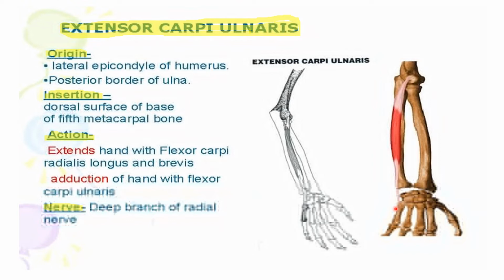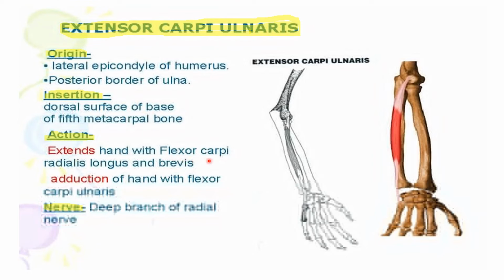So it extends the hand at the wrist joint like the extensor carpi radialis longus and brevis, and it causes adduction of the hand at the wrist joint. Okay, so make this correction, this is not flexor, this is extensor.